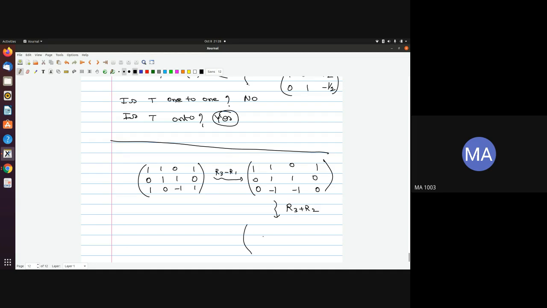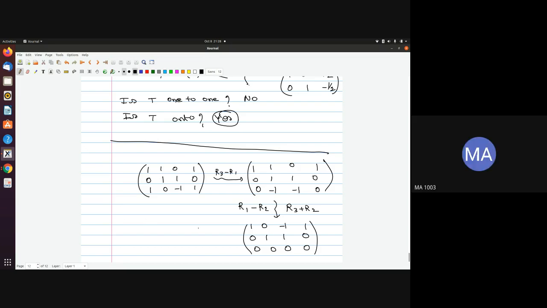So if I do it, 1 0, 0 1, I should have this one, 0 0 0 0. Right? And if I do this at the same step, R1 minus R2, then what am I getting? 0 1 0 minus 1 1. Right? This is what I am getting. Is it correct what I have got here? Yes, sir, it is correct.